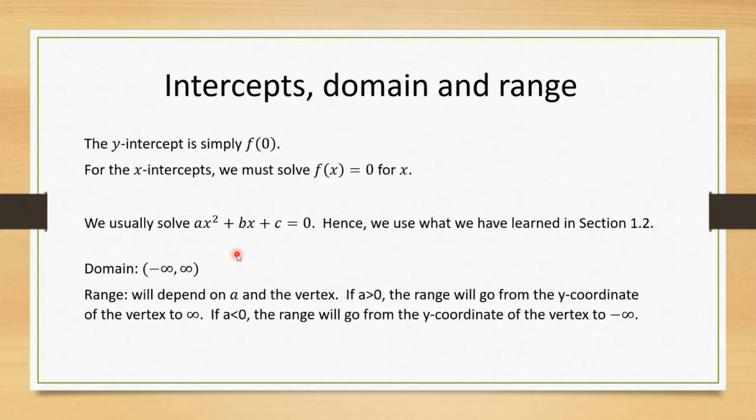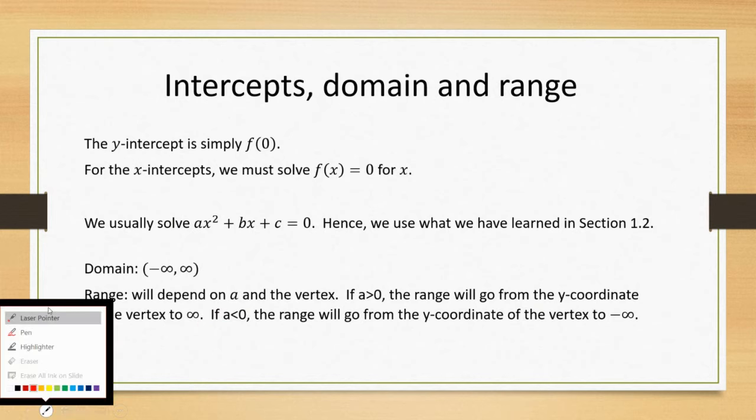So for the range, you can get the range without even graphing this, assuming you know the vertex and A. It turns out if A is positive, the range is always going to go from some number, namely the y-coordinate of the vertex, to infinity.